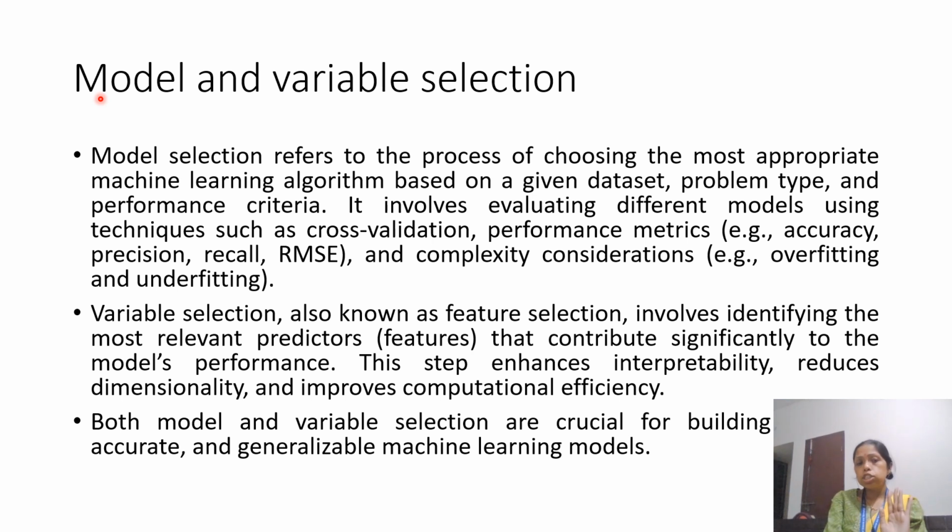So you have to select which parameters are important. This is called feature selection. There are various processes or models used for selecting the features which are relevant to the predictor. So this is about the variable selection.